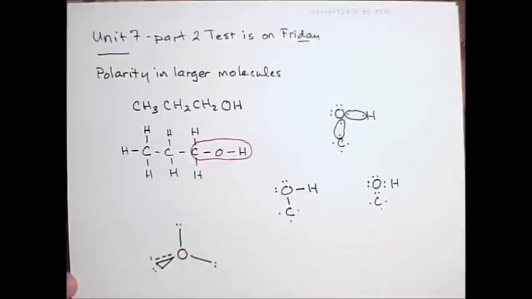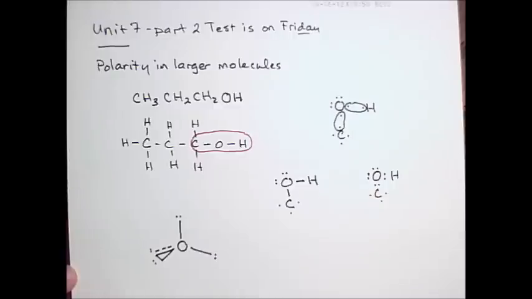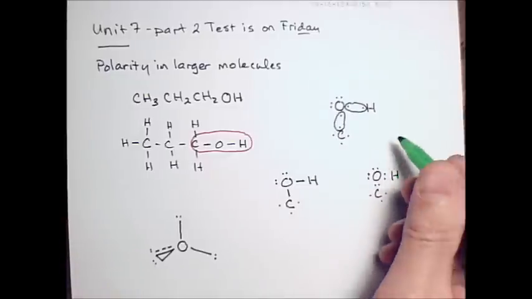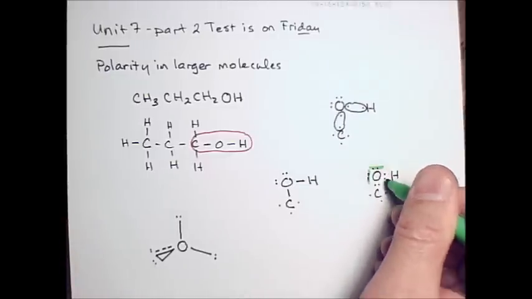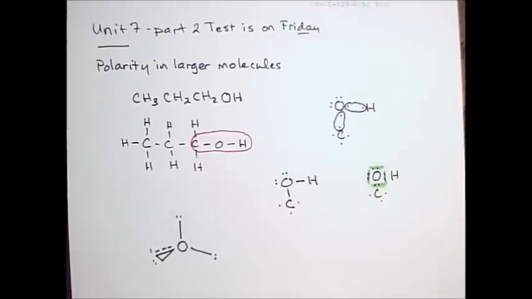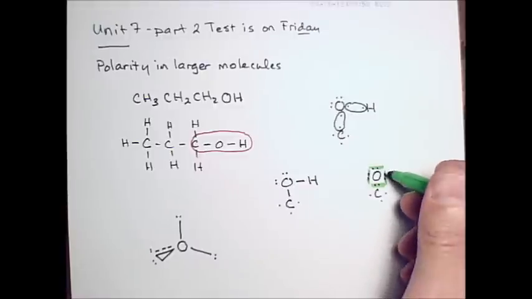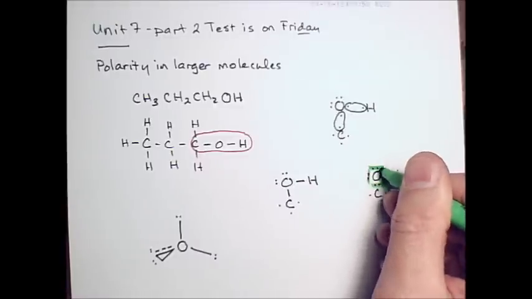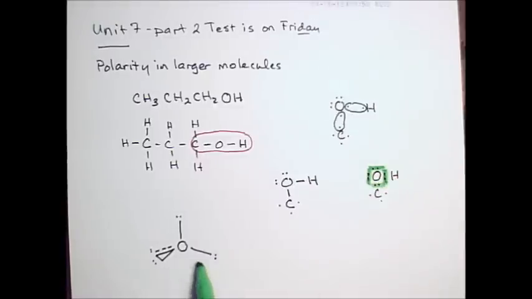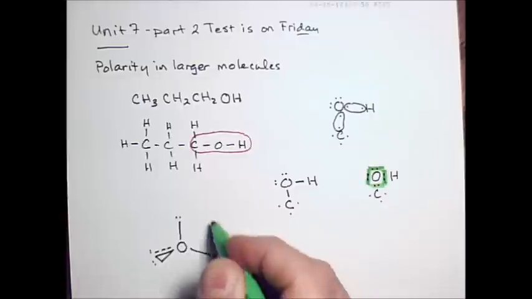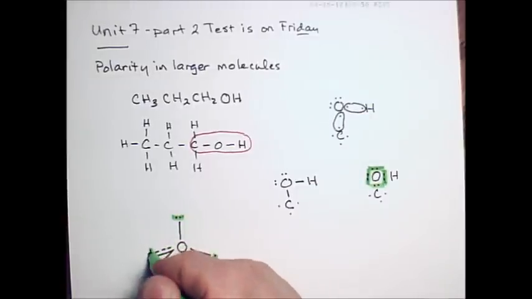So I've got 1, 2, 3, 4 sets of electrons around that central atom. I've changed that from a 2-dimensional shape to a 3-dimensional shape here to show those 4 sets of electrons, 1, 2, 3, 4 in a tetrahedral arrangement.